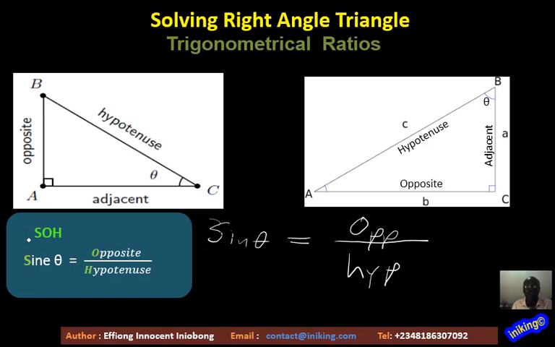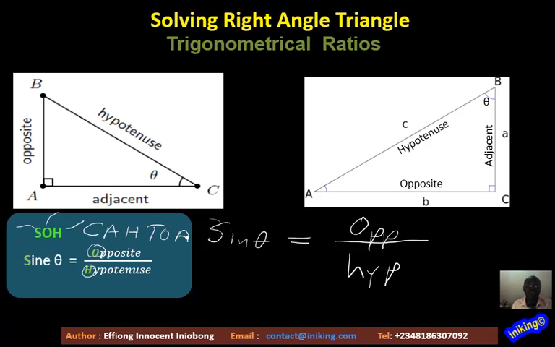How do we get this abbreviation? S stands for sine, O stands for opposite, and H stands for hypotenuse. So normally we call this SOH. Very soon we'll find out for cosine we call it CAH, and then for tangent it is TOA.